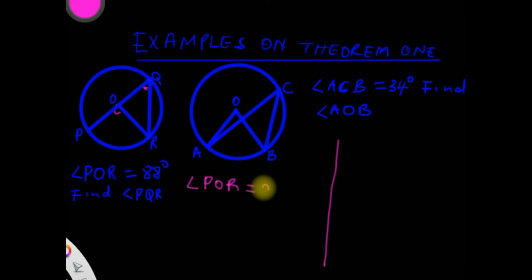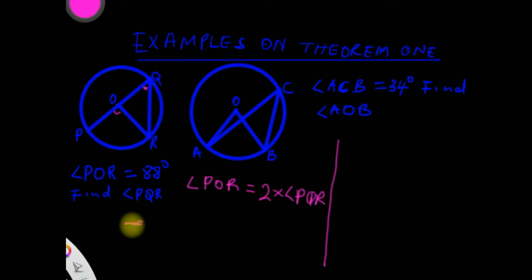Angle POR is equal to 2 times angle PQR. So we have to find angle PQR. How do we get it? We divide by 2.